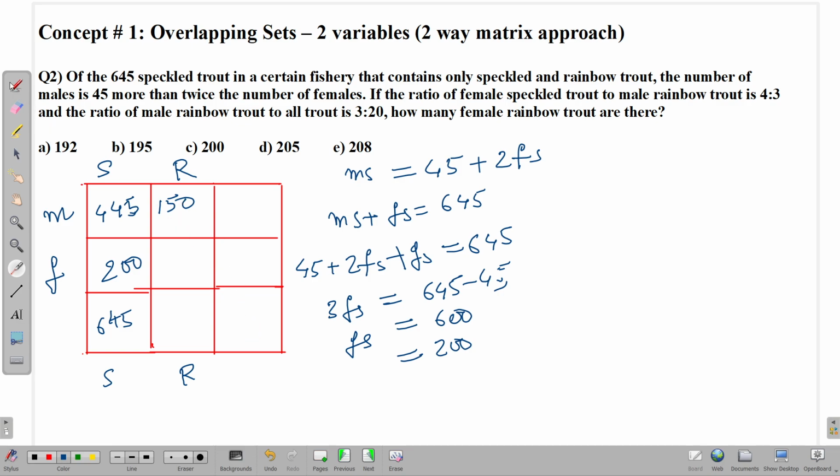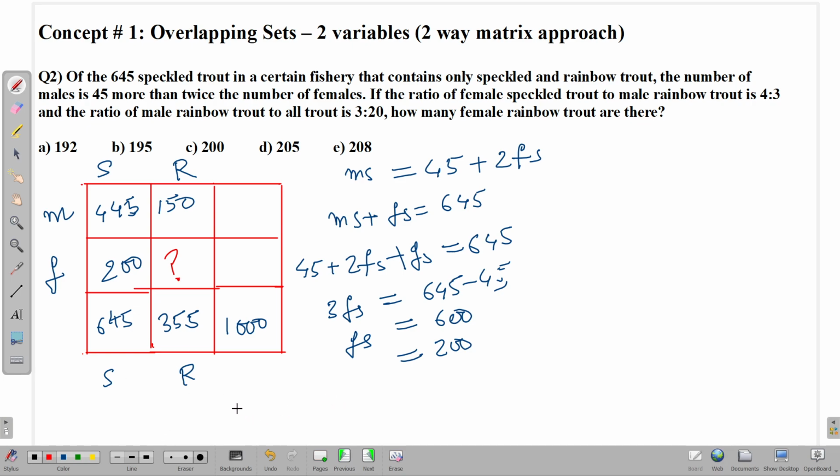It is 3:20. So this should come to 1000. You can work it out. You all know how to work this out. So now if I sum up the horizontal, I don't have any vertical information. I can get the vertical information, of course, but horizontal is easier. So this comes to 355, right? This is 355. Female rainbow has been asked. I have been asked to find this particular cell.